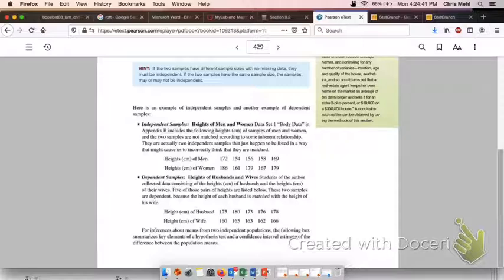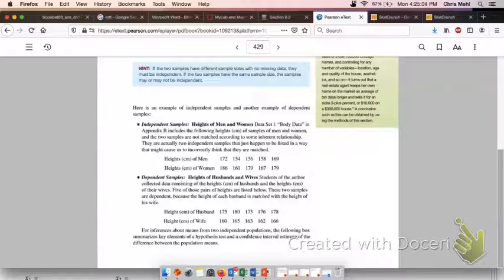They're just two independent samples that happen to be listed in a way that might cause us to incorrectly think that they are matched. Also, you don't have to have the same sample sizes for independent samples, so I wouldn't have to have the same number of men and the same number of women in each sample.